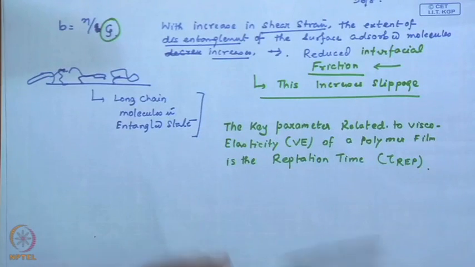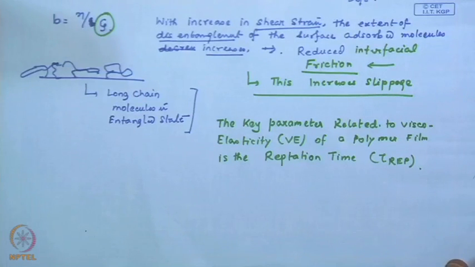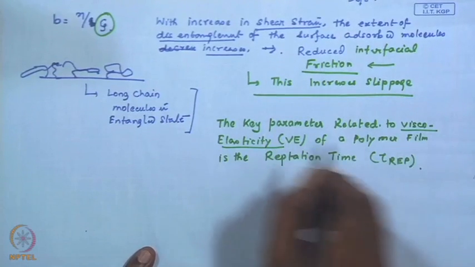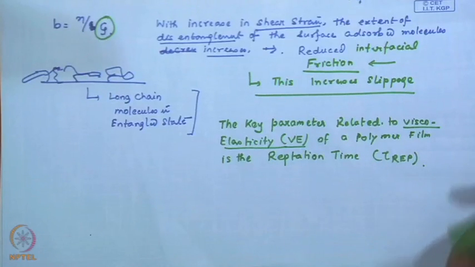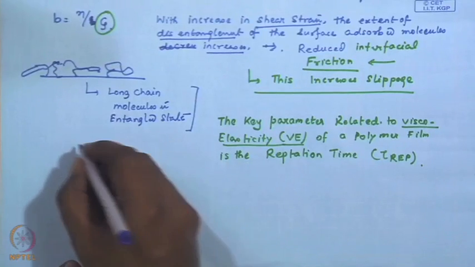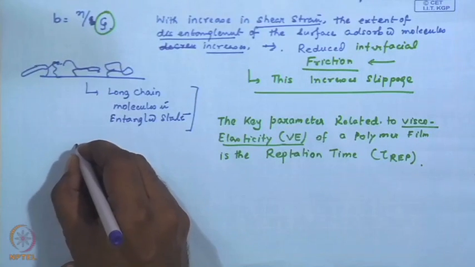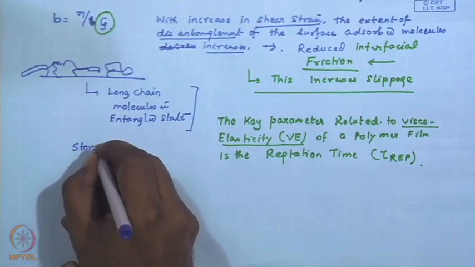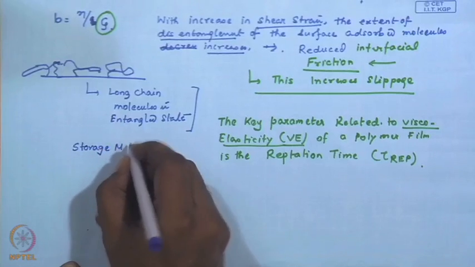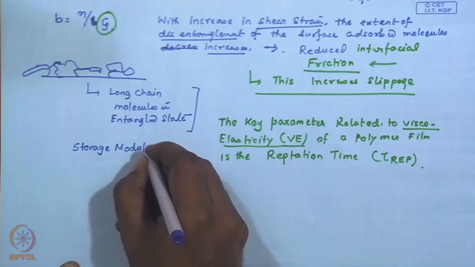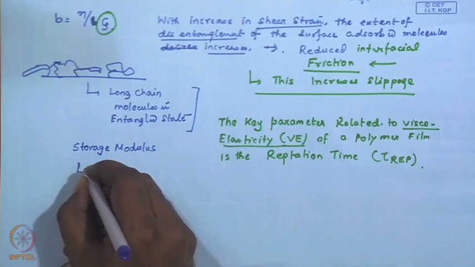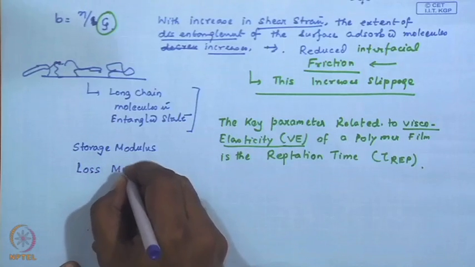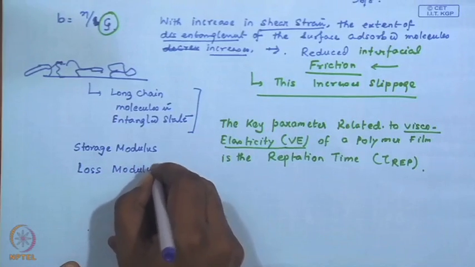Now, I am not coming into any details of what viscoelasticity is. Please go through standard literature, because this is something you should have read in your fluid dynamics course or some course on complex fluids. You may want to know some critical keywords apart from viscoelasticity. You may want to have a clear idea about what is storage modulus and what is loss modulus.